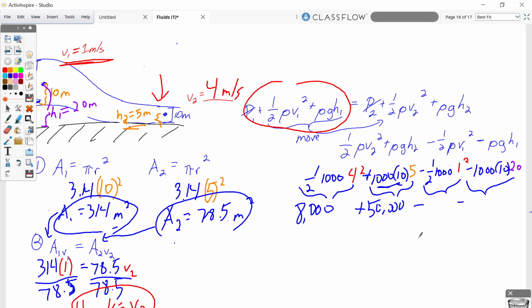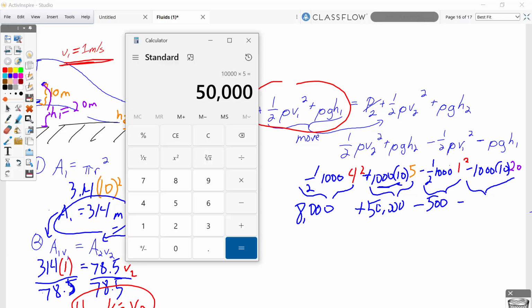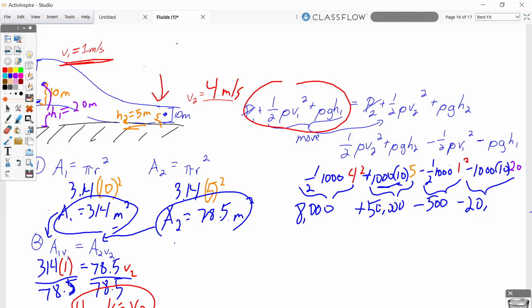There we go. 50,000. 1 squared times 1,000, half, 500. 1,000 times 10, 10,000 times 20. 10,000 times 20, 200,000.